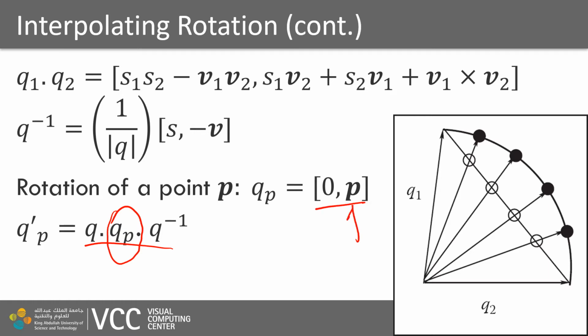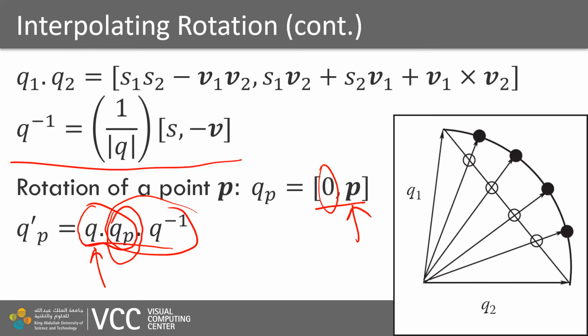You have the simple coordinates of the point, and for the scalar part there will be 0. Then you will have the quaternion of your rotation, and you need to perform multiplication with that quaternion, and then this whole is multiplied with the inverse of that quaternion, which we have been discussing before.